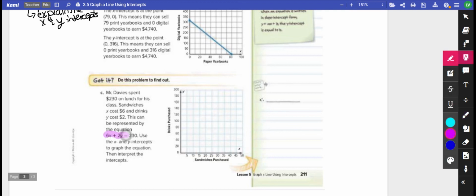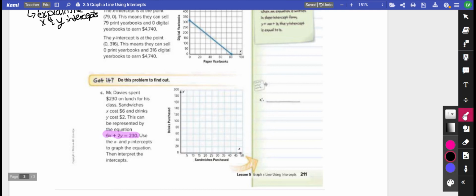So I'm going to highlight this equation and rewrite it off to the right in my workspace: 6x plus 2y equals 230. I want to solve for the x-intercept and the y-intercept.